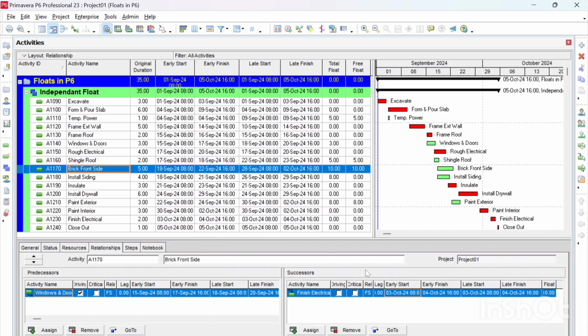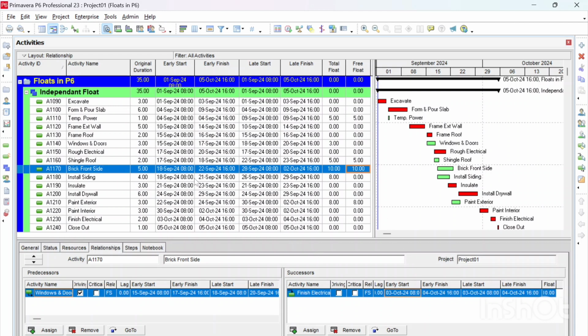The successor has an early start of October 3rd. So we have here 10 days, which means this activity has a free float of 10 days.